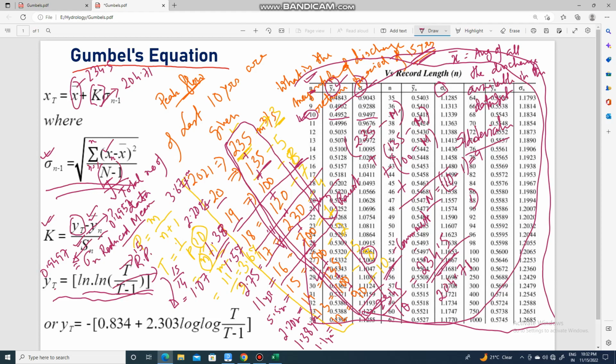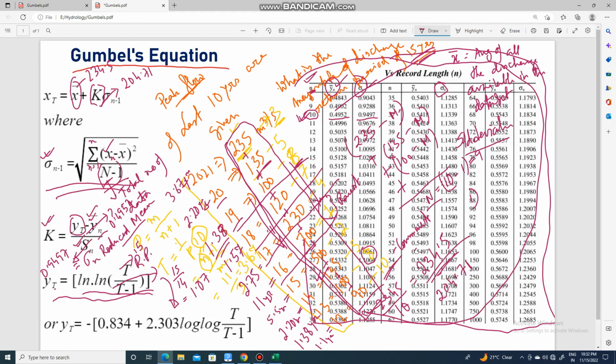Originally it was 1.07142 and so on. So now I want to find the log normal of 1.07.